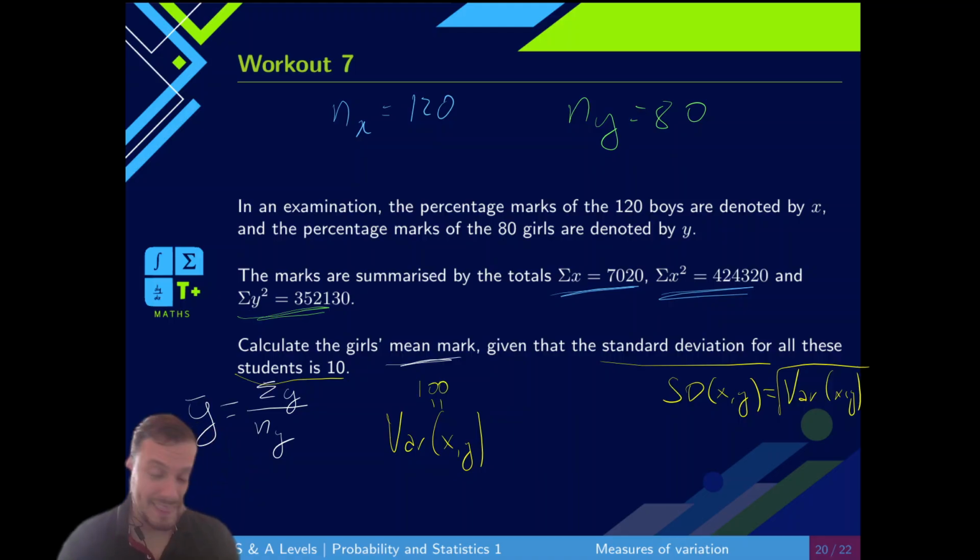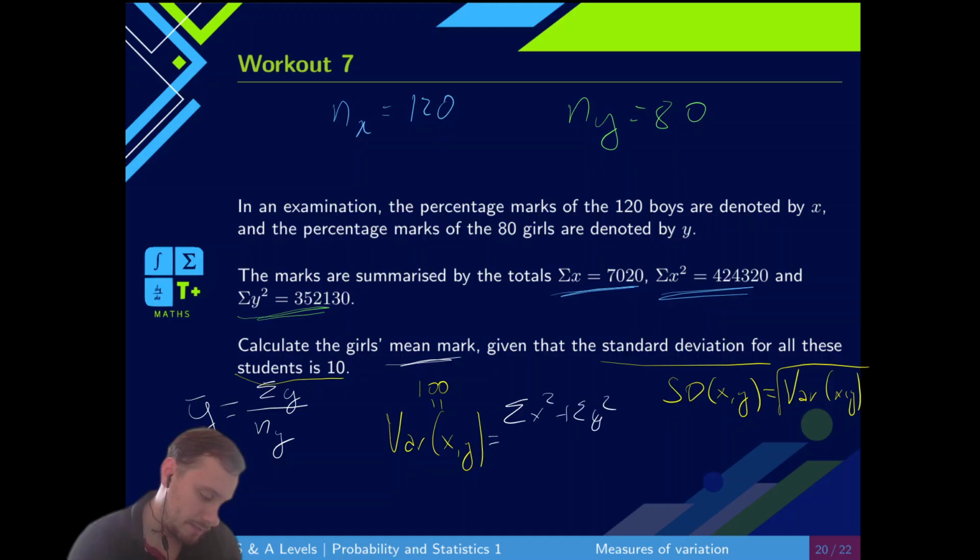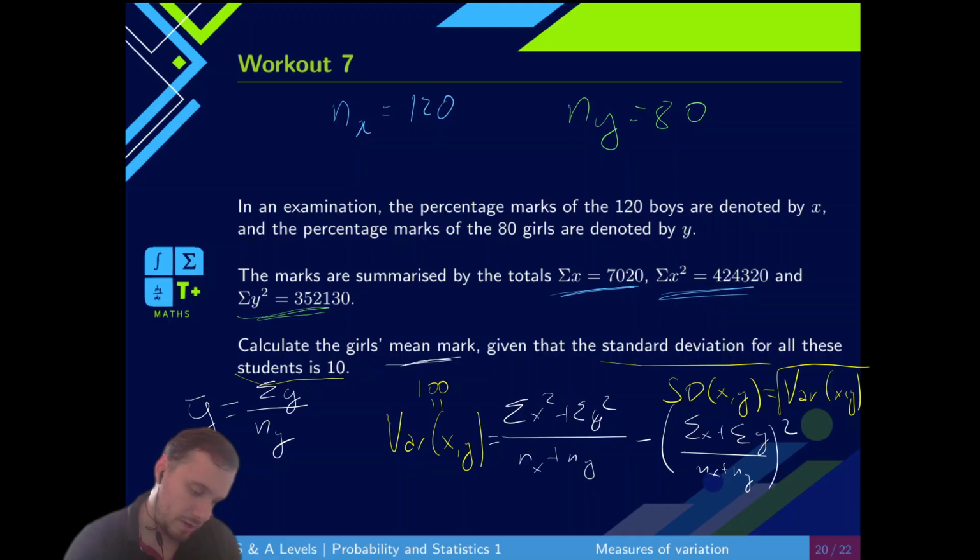But then this is equal to our beautiful formula that we had here: the sum of x squared plus the sum of y squared over the number of x plus the number of y, minus the sum of x plus the sum of y over nx plus ny, squared.